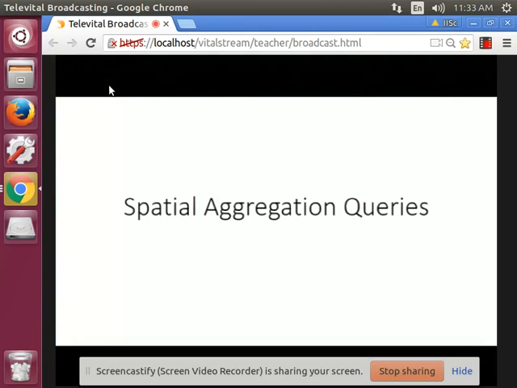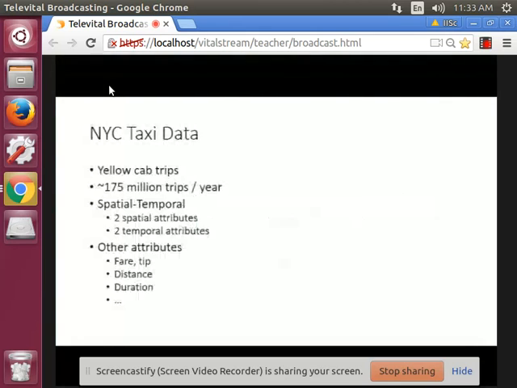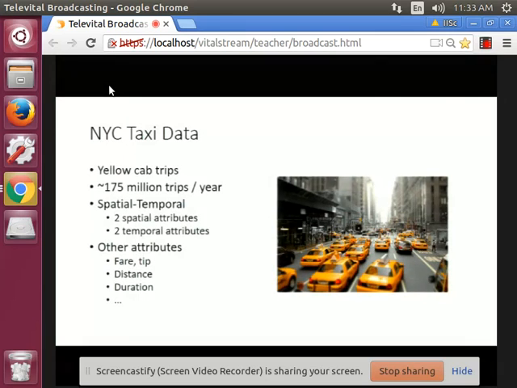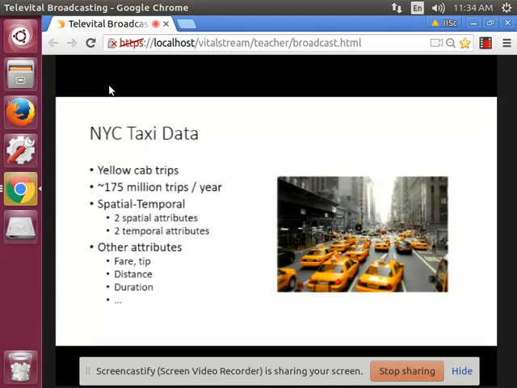To show why it is difficult, I'm going to use my favorite data set, the NYC taxi data. How many of you know about this data? Okay, many of you do. This is just one sample, but all the other data sets I use also have similar properties.